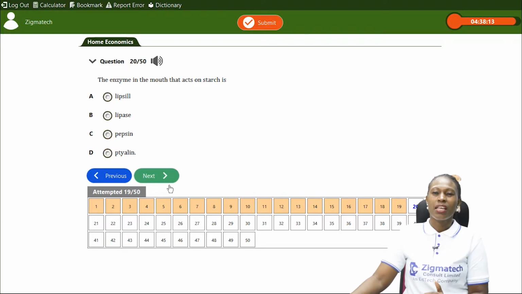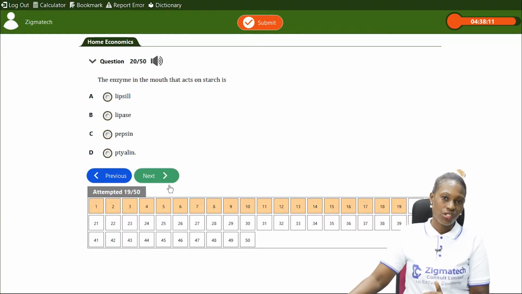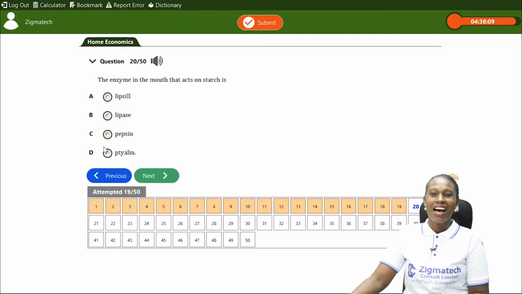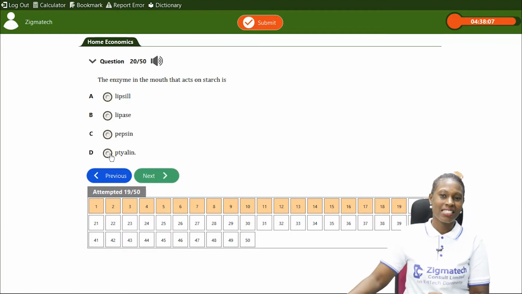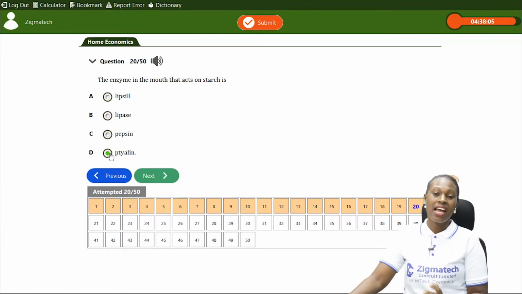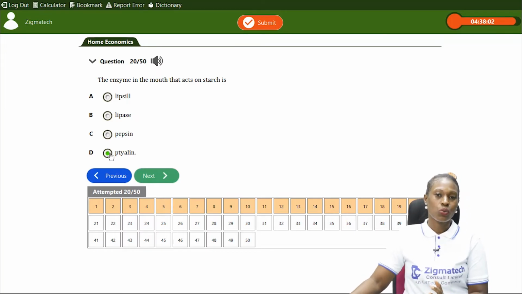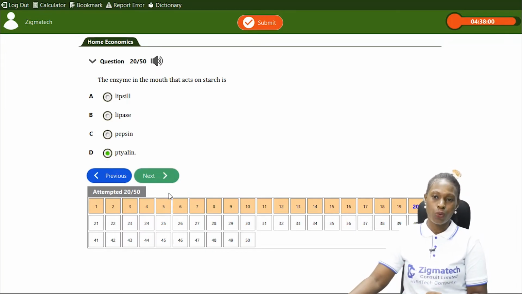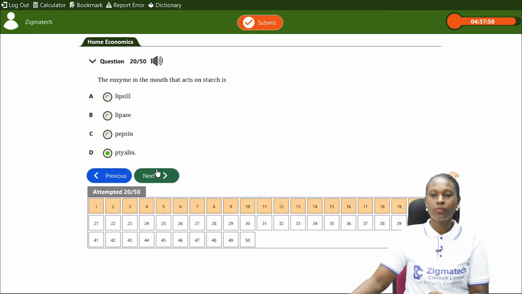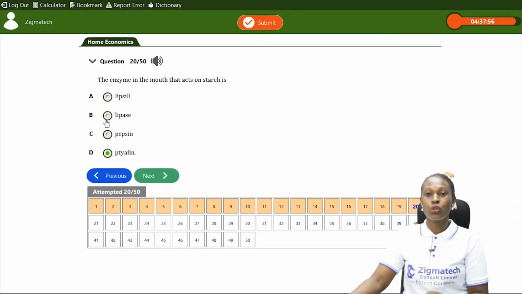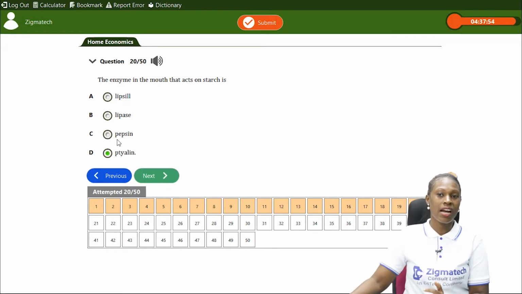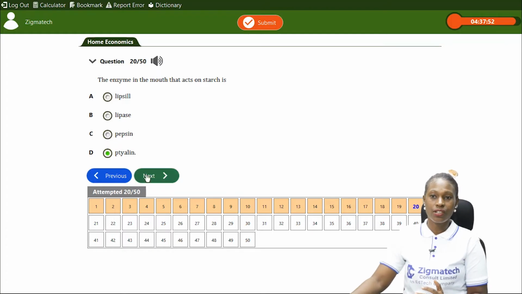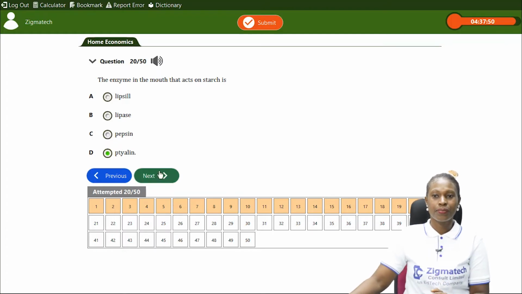Now the enzyme in the mouth that acts on starch is your ptyalin. This is the enzyme that acts on starch in the mouth, ptyalin. All these are enzymes. Your lipase, your pepsin are all enzymes, but the one that acts on starch is your ptyalin. Let's move on.